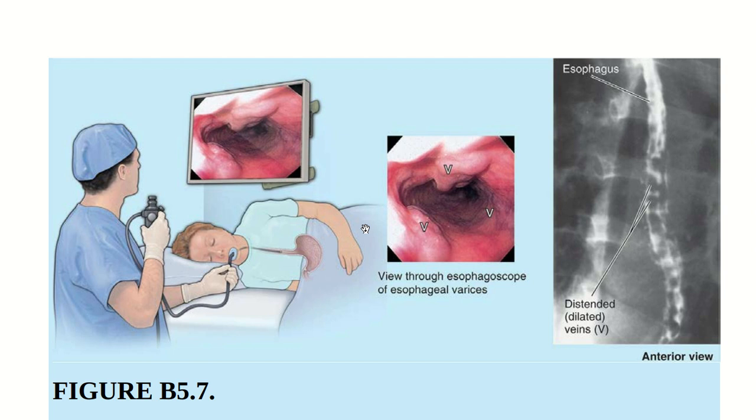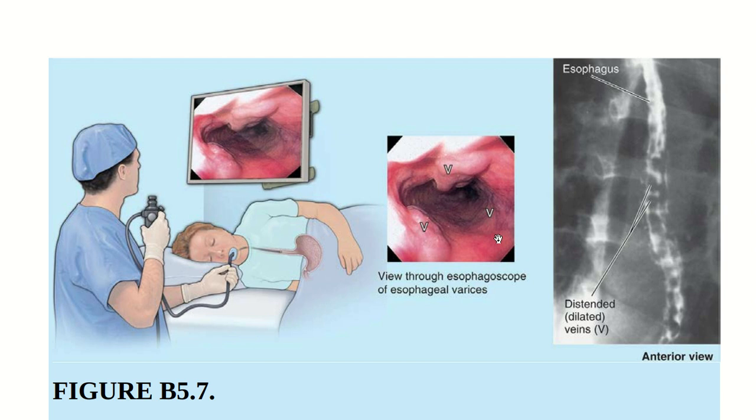Instead of going into the inferior vena cava, the blood in the portal vein will drain into the left gastric vein and then into the esophageal veins. The esophageal veins are not used to this kind of pressure, so they are going to dilate. If you look in esophagoscopy, where you put in an endoscope and actually see the lumen of the esophagus, you're going to see some bulges of veins. This is what you call esophageal varices.